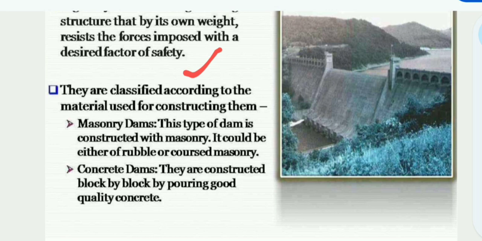Masonry dams: this type of dam is constructed with masonry. It could be either rubble construction or coursed masonry. Concrete dams: they are constructed block by block by pouring good quality concrete.